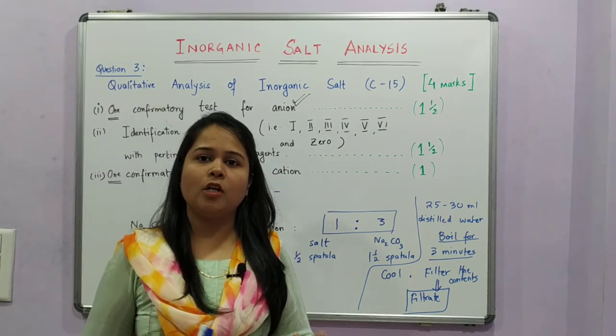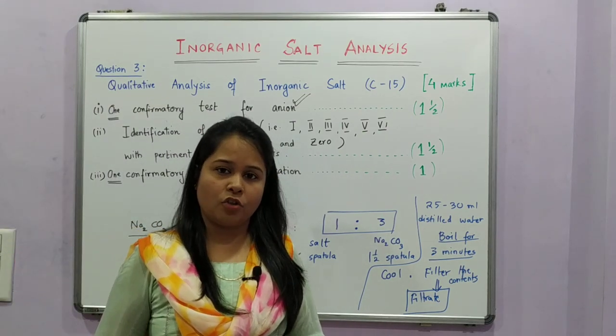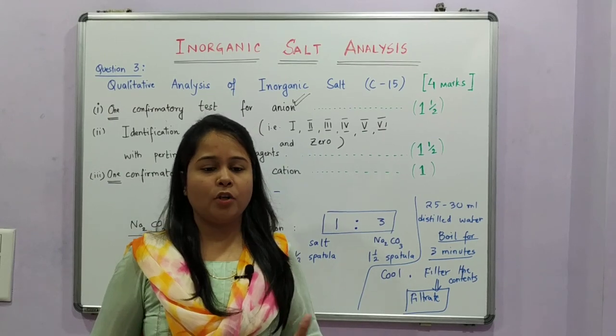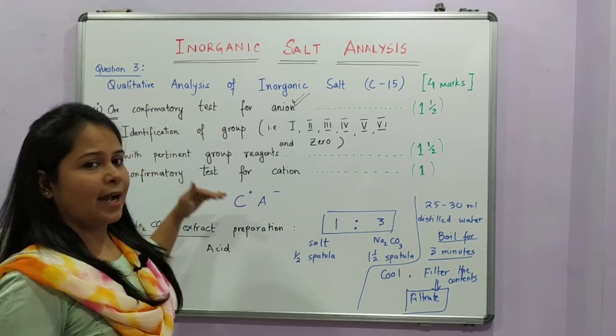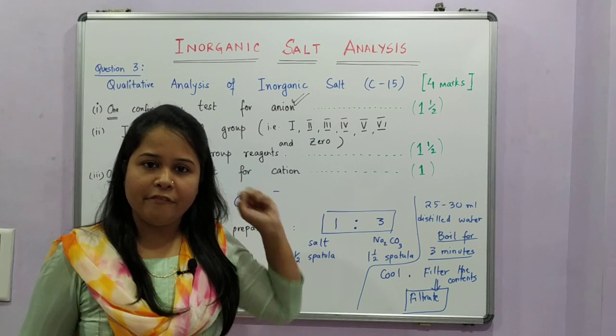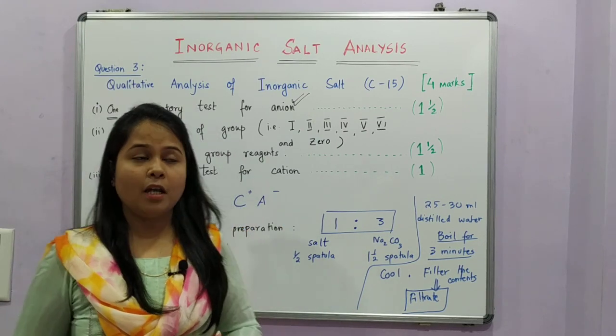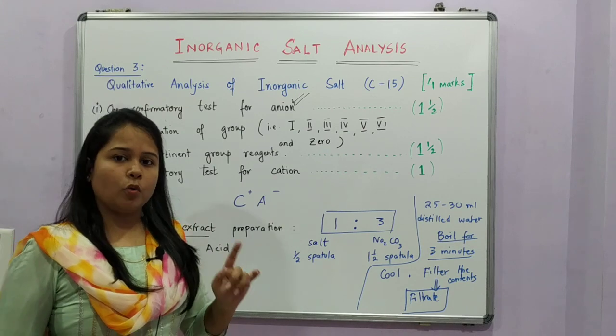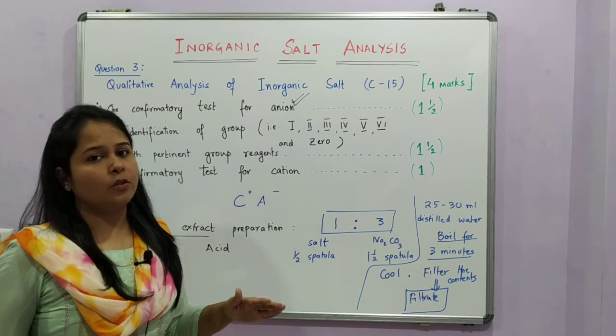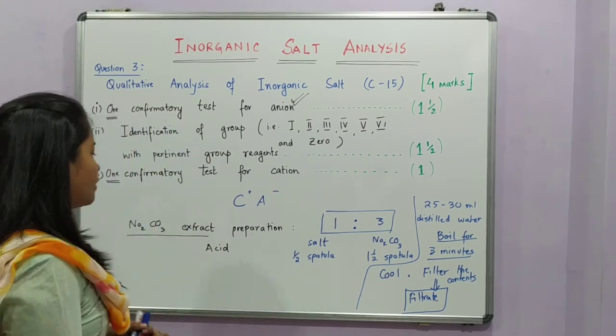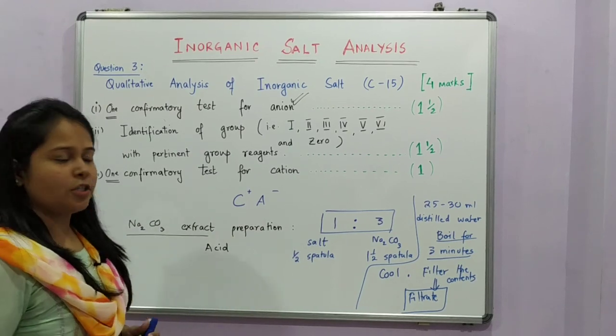The preliminary test need not be written in the answer script. First and foremost, you should keep in mind these various broad categories that need to be written very well in your answer script. The preliminary test need not be written, okay? But you have to perform it in order to be sure of what confirmatory test you would be doing next. Now, we were talking about the choice of acid.